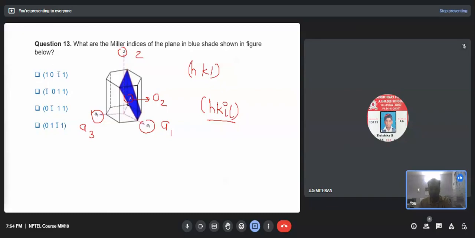As you can see here, at point A, starting from here to here, it is intersecting at point A. So according to that, we can say it is positive and 1.